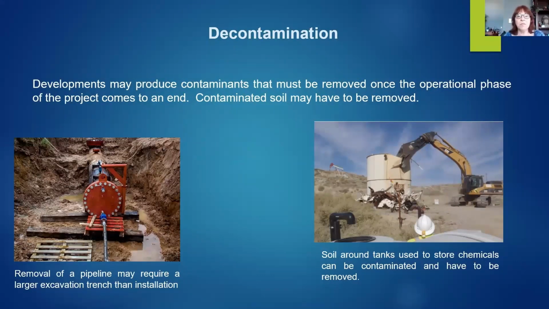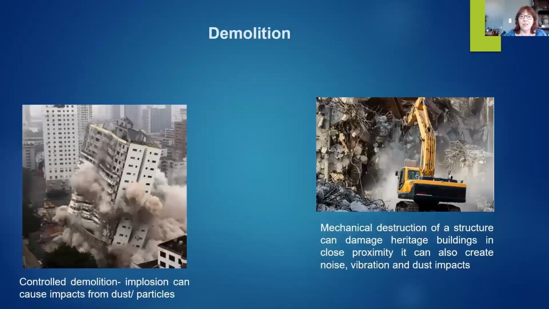But you have to remember that, especially if there's contamination, the works to remove the pipeline might necessitate excavation spread over a much larger area than was needed for the original installation. So we could have direct impacts if there is any archaeology. Again, that pipeline and that tank might have been put in before with no heritage impact assessment at all, so it's quite possible that there could be archaeology in the area.